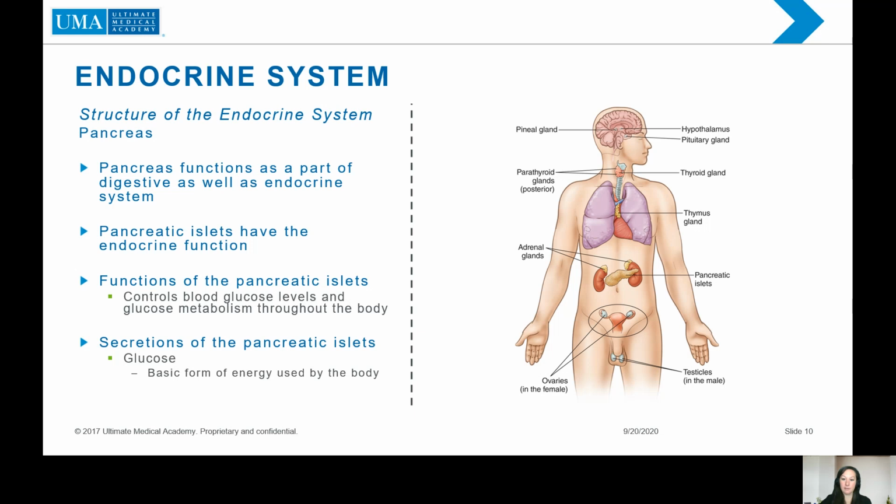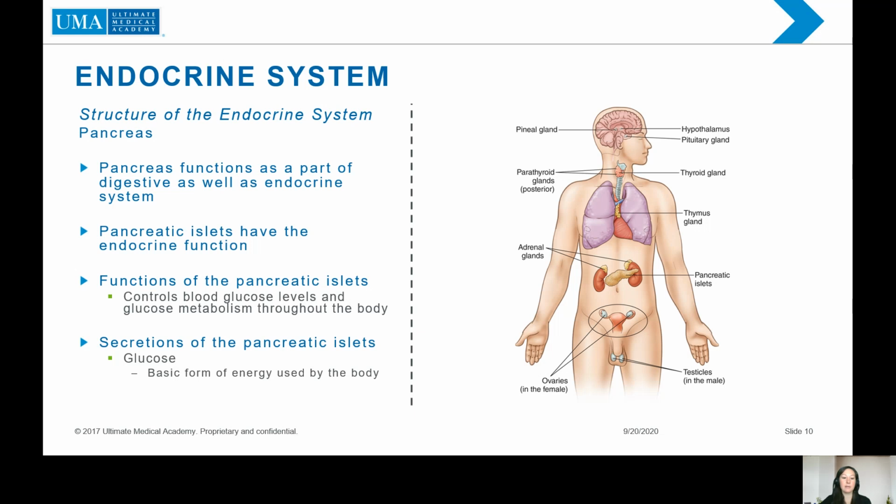The pancreas. So, as you can see on the right hand side diagram, you can see the pancreas right there below your heart. So the pancreas functions as a part of the digestive system as well as the endocrine system.